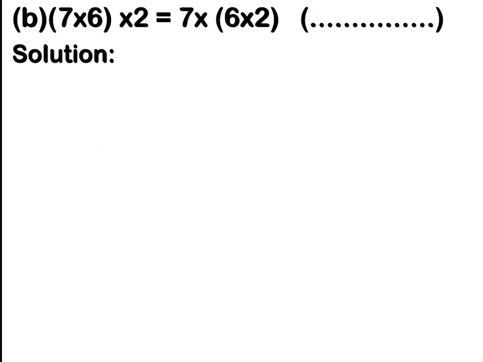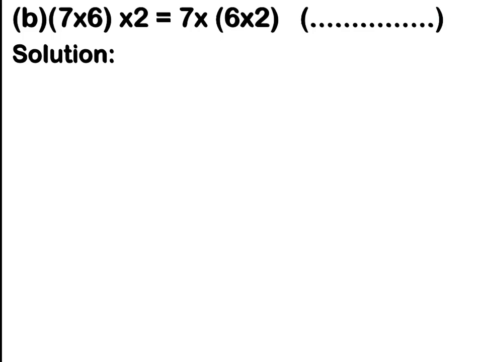Understand? Now part B. The value of part B is 7 multiplied by 6 bracket close multiplied by 2 is equal to 7 multiplied by 6 multiplied by 2 bracket close. First we will solve, then we will know if this statement is true or false.